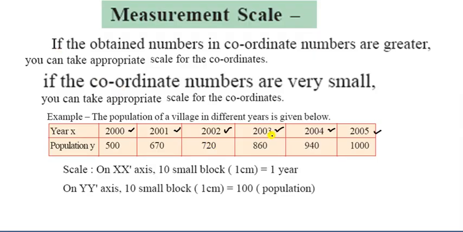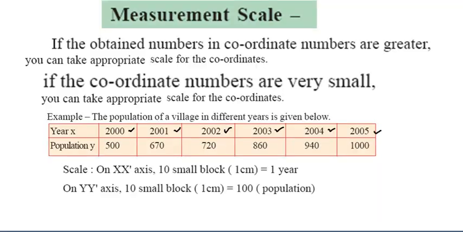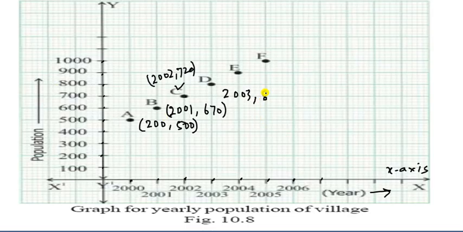It is point C. Now come to point D. That one is 2003, and that is 860. So you have to write here 2003, and the second number is 860. So you have to write here 860.